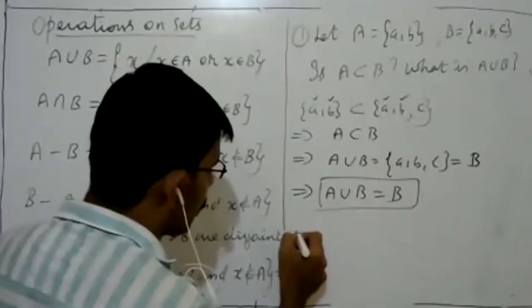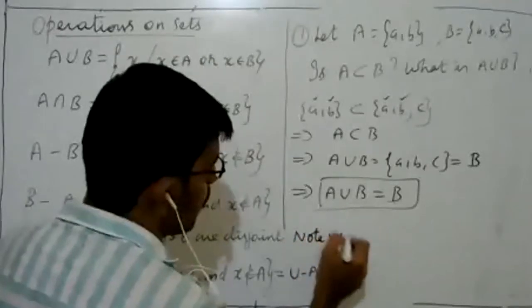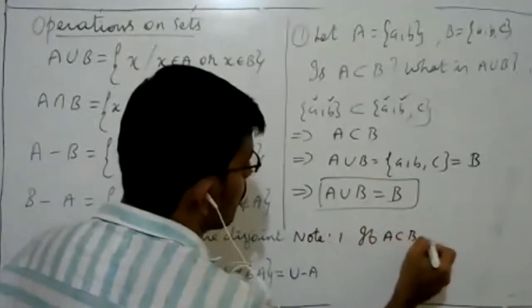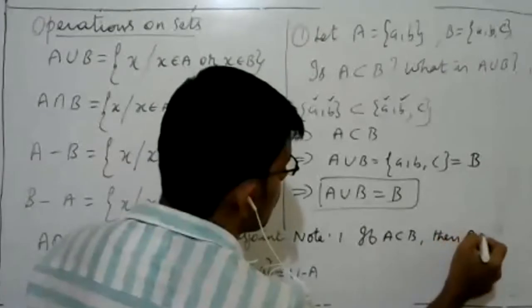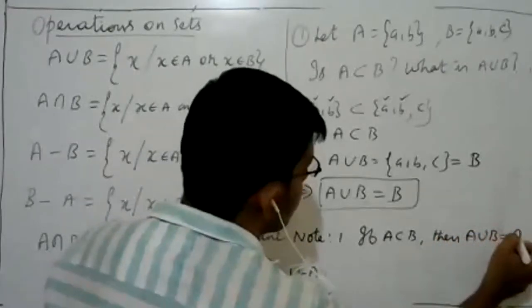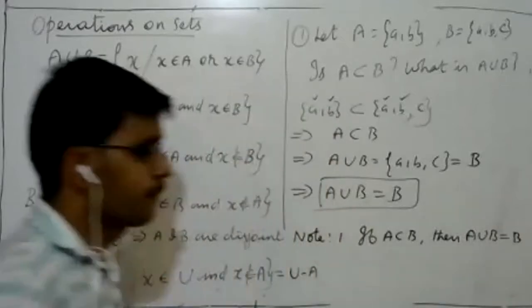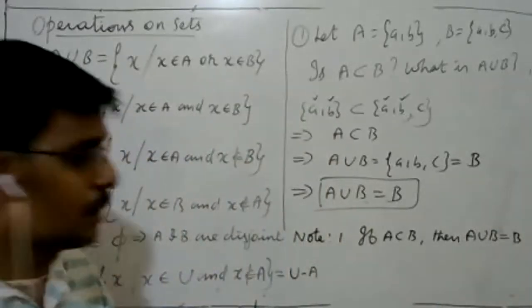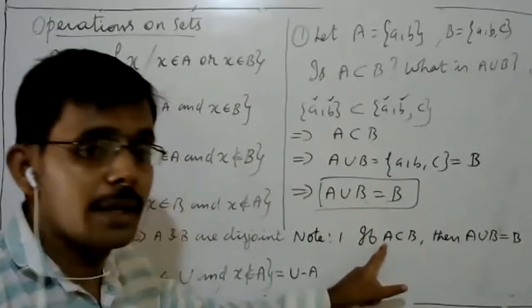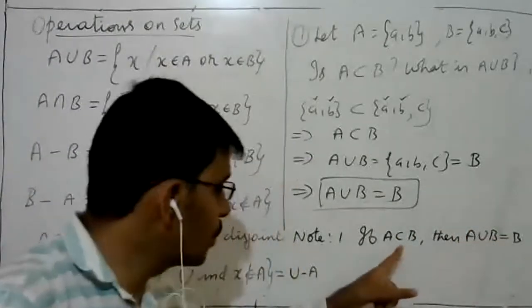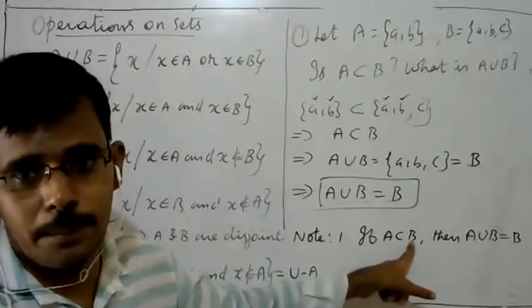Note number 1. If A is a subset of B, then A union B is always B. Look at the note. If A is a subset of B, then the union is the superset.